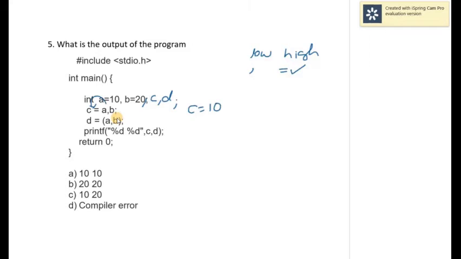So d equal to, first a comma b will be evaluated. So here a value is 10 and b value is 20. The comma operator evaluates from left to right and the last value will be assigned to the variable. So now d is 20. So c value is 10 and d value is 20. So the answer is 10 and 20.